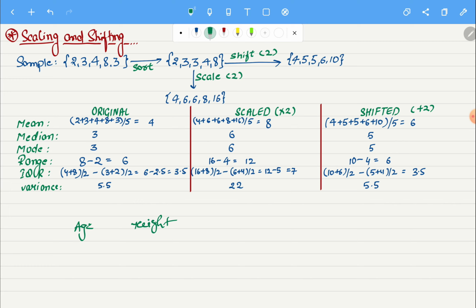Age can range from 1 to 100, maybe sometimes 105, and height, let's say in centimeters for an adult, can range from 150 to 180, 190. So you see the scale is very different.